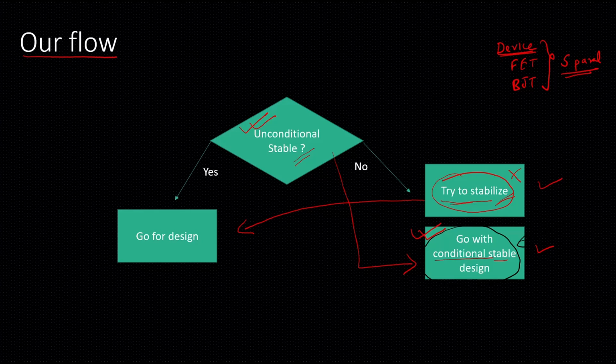So let's start. First of all, let's see why our device goes into the unstable region. In theory, anything unstable means that if we give some bounded input, the output keeps increasing and reaches infinity.